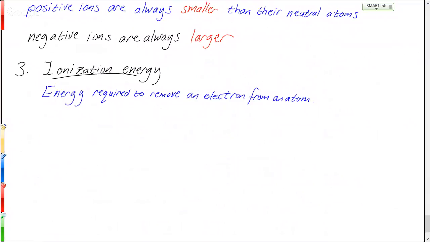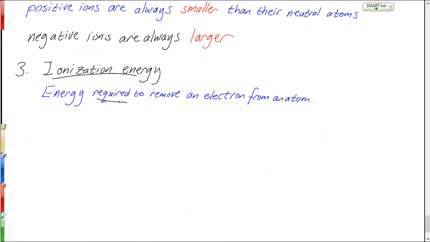Exo, endo. So the system here is going to be the atom. So if there's energy required to remove that electron, does that mean the electron's being put in or being taken out? It's actually being put in this case. So energy required means you're putting in the energy to knock the electron out.